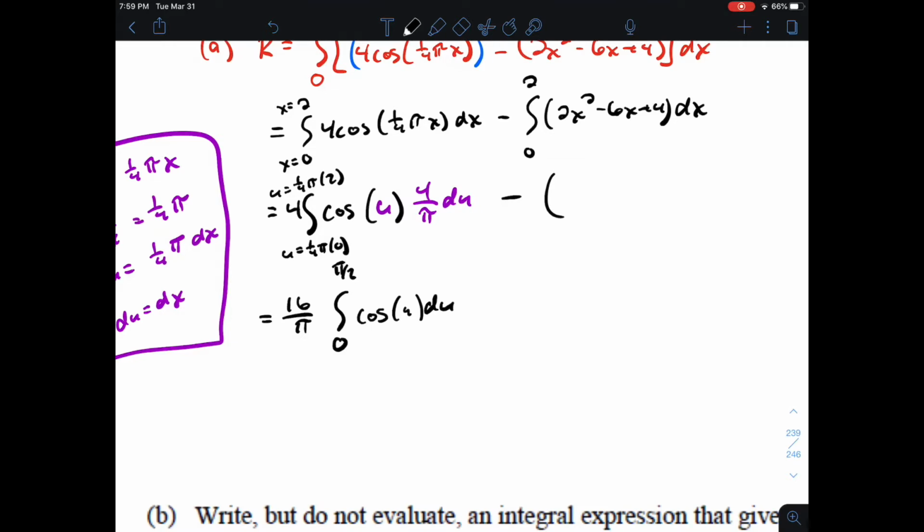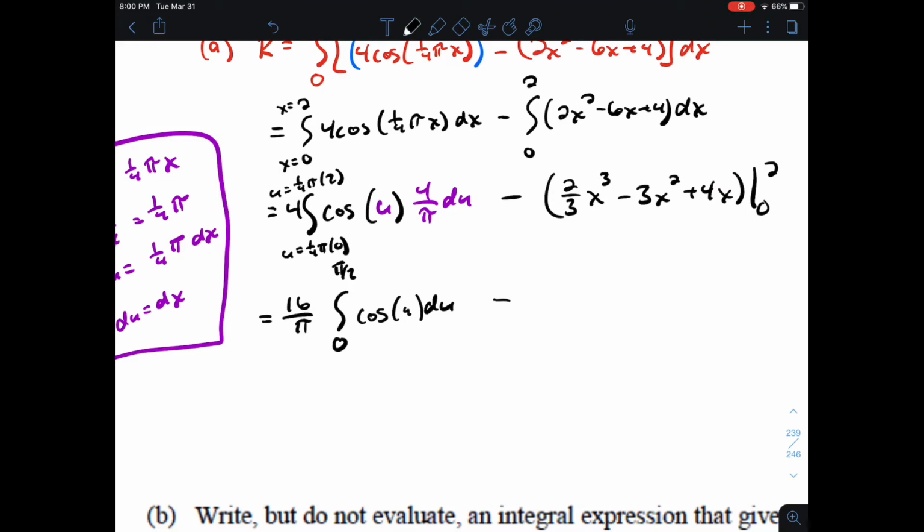So if I take the antiderivative of this, I'm going to get 2/3 x cubed minus 3x squared plus 4x, evaluating it from 0 to 2. If I just want to check to make sure I integrated this right, I'm going to find the derivative, just to make sure that it checks out. It does.